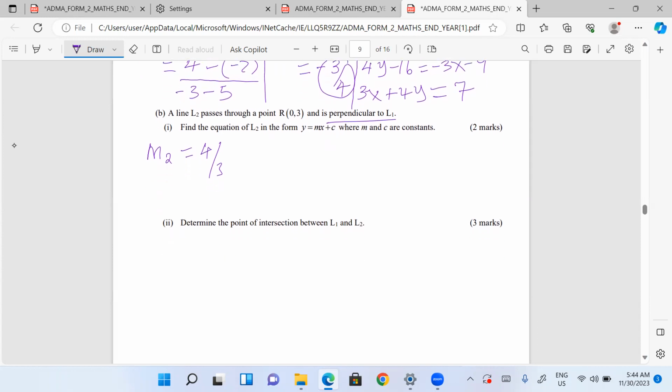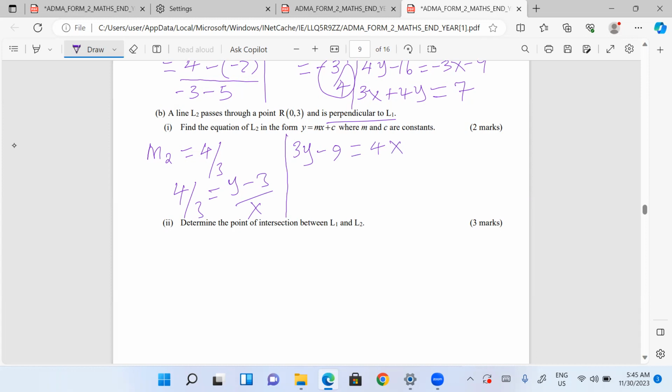Therefore, 4 out of 3 equals y minus 3 out of x minus 0. Then we can cross multiply, whereby 3 multiplies with y minus 3. So 3y minus 9 equals 4x.